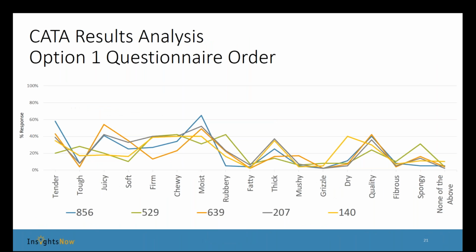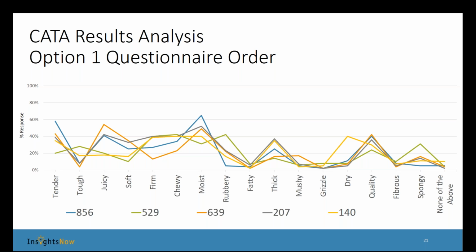All right, so the first thing we're going to take a look at is a simple line graph. If you remember the 16 attributes that we had as a check all that apply question right at the beginning, say I have 5 products in my study and all 5 are rated on that check all that apply question.